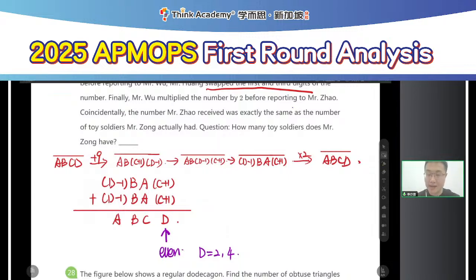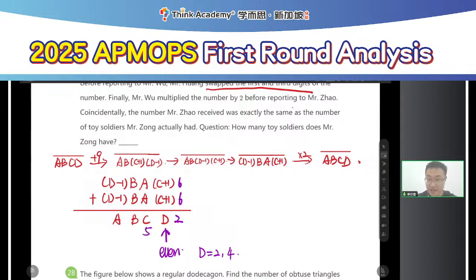So now let's just try it. If D equals 2, then C plus 1 plus C plus 1 equals 2, and we have two different possible cases. The first case is that C plus 1 equals 1, which means C equals 0. The second case is C plus 1 equals 6, and then here is the 5.